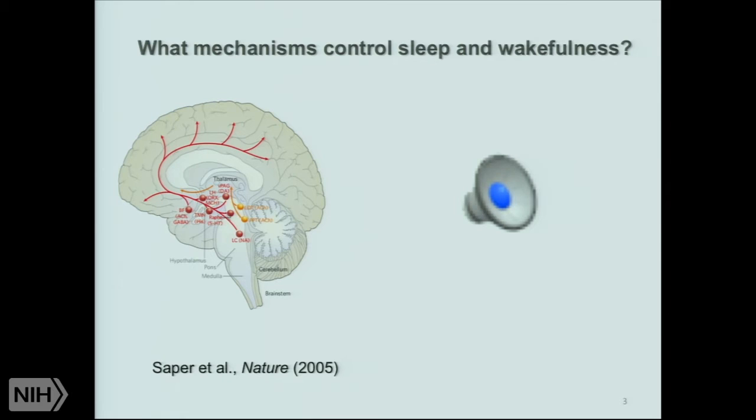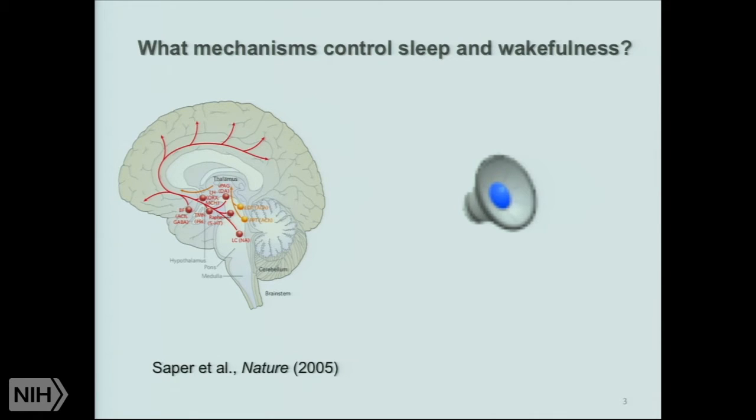For example, the monoamines, including noradrenaline in the locus coeruleus, histamine in the TMN, and dopamine and serotonin and so forth, acetylcholine in the brainstem and basal forebrain, and some neuropeptides in the hypothalamus, including orexin and MCH. As it turns out, most of these well-known neuromodulatory systems, as far as sleep-wake regulation is concerned, their function is to wake up the brain, with very few exceptions.